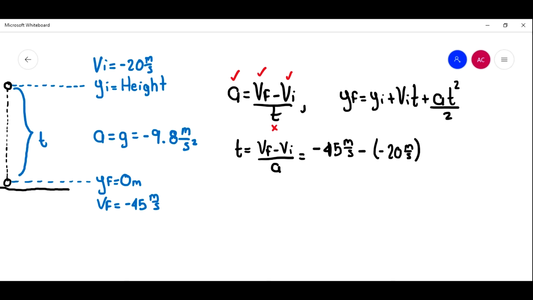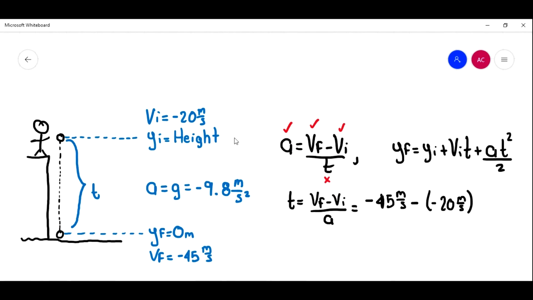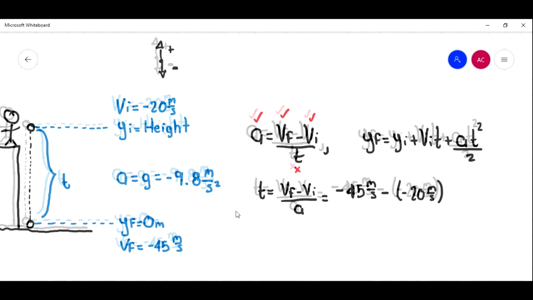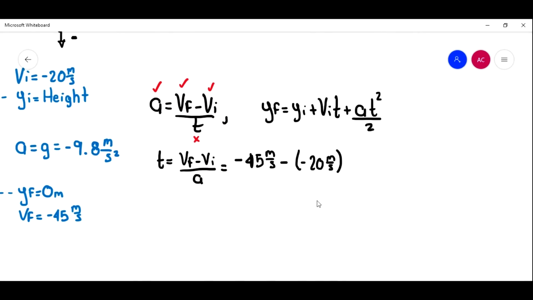I don't know if you are new here on the channel, but remember that the negative sign tells me the direction. Remember the reference system: everything that goes up is positive, everything that goes down is negative. So that's why it's negative. Over the value of the acceleration, and the acceleration is minus 9.8 meters per second squared.